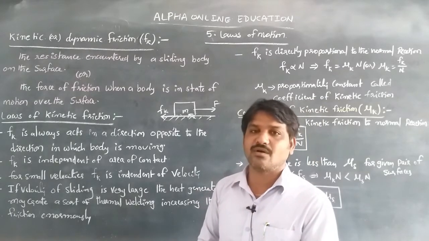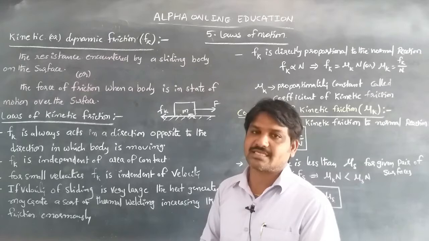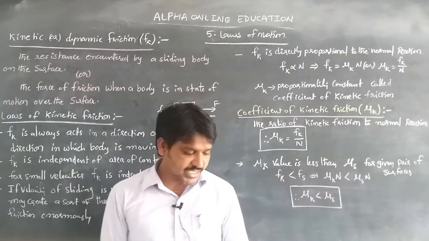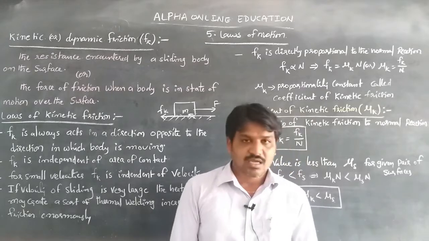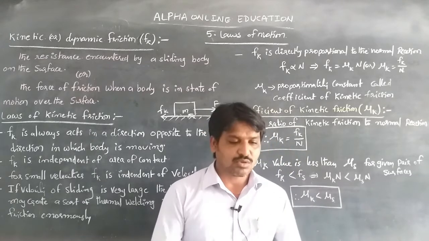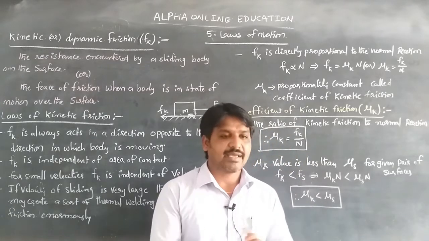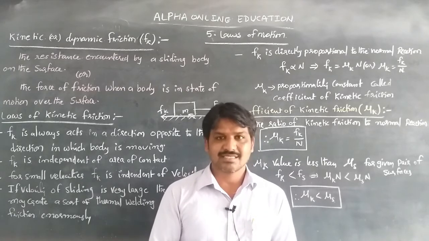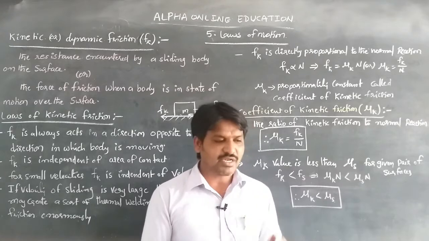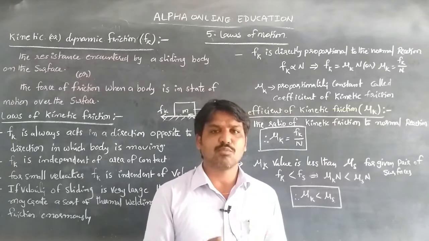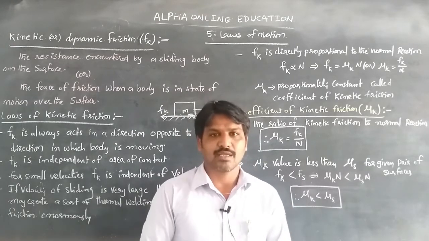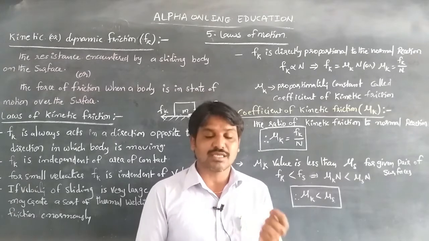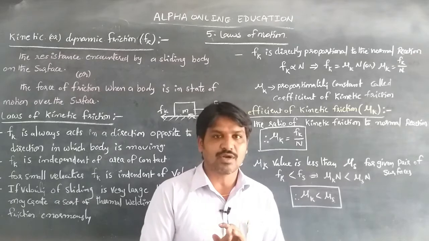Earlier we discussed static friction. For example, if we want to push a bike or some body that is at rest, we need extra force to move that body, because the static friction acting is equal to the applied force on the body.